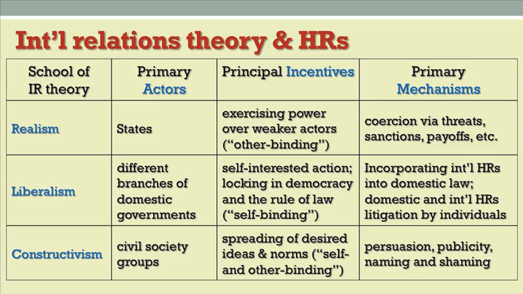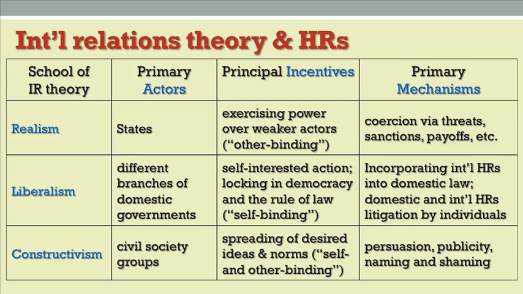Liberalism looks at the primary actors not as nation states, but as different branches of domestic governments within a particular state. And here, these governments will accept international human rights norms and institutions for self-interested reasons, in particular to lock in democracy and the rule of law so that there won't be any backsliding from those kinds of commitments domestically over time.